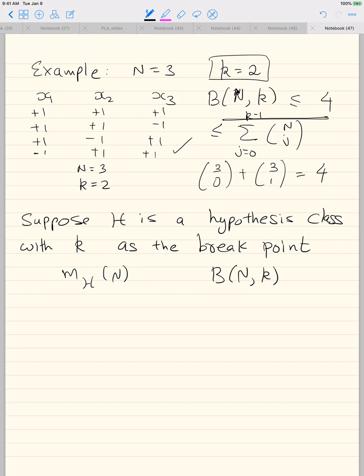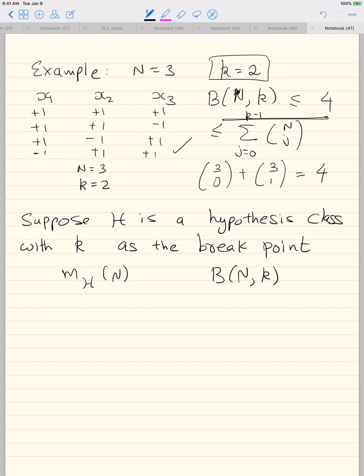However, H is required to have K as a breakpoint, meaning that if you take the growth function at k, it is at most 2 to the k. It cannot be equal to 2 to the k. It's strictly less than 2 to the k. Or any set of k coordinates cannot be shattered.